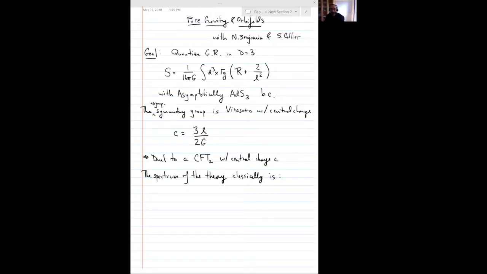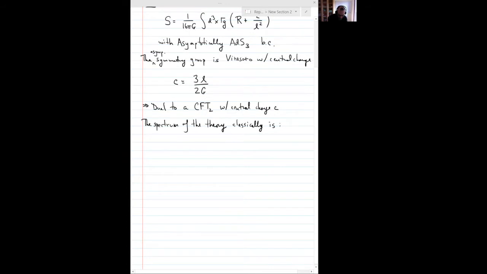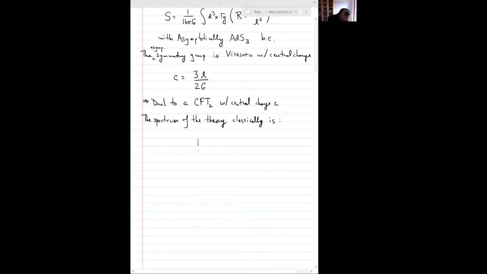In particular, it turns out that all solutions of 3-dimensional gravity with these boundary conditions are either given by ADS or by a quotient of ADS by some discrete subgroup of the ADS isometry group. So let me tell you in one picture what the spectrum of the theory looks like. We'll characterize the states in the theory by labeling them by their energy and their angular momentum.